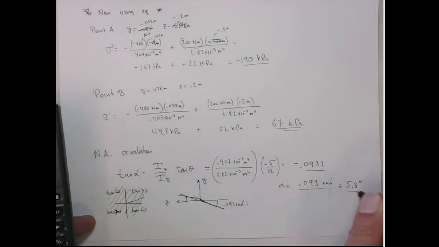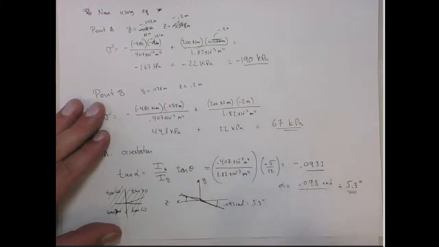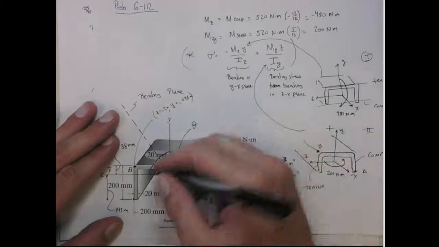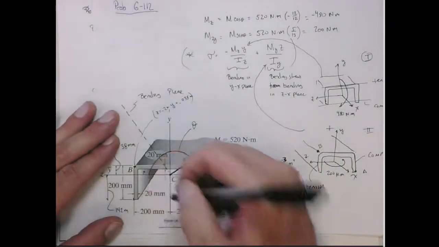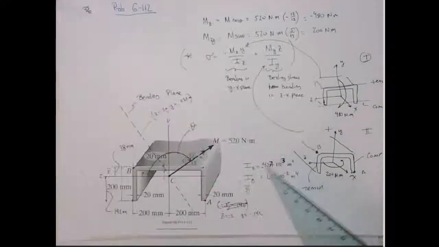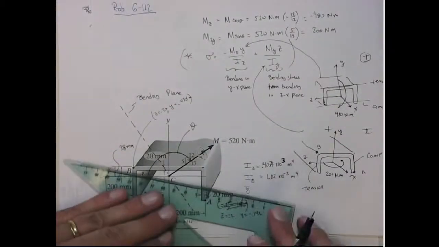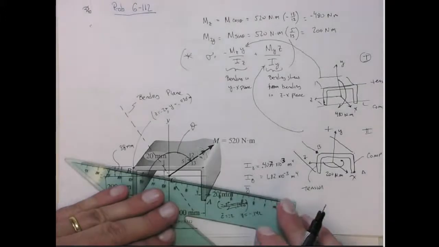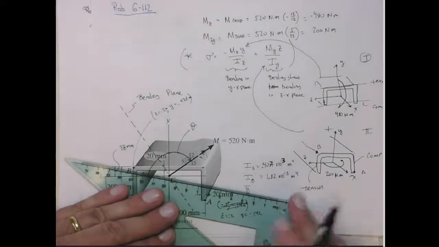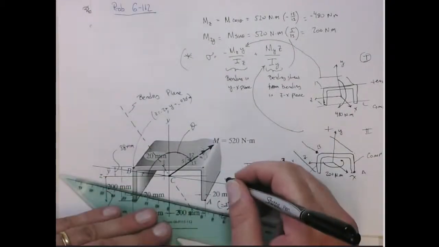Okay? So that's saying that that angle is 5.3 degrees. So if I go back and look at this picture, alpha is actually positive 5 degrees in that sense, okay? So remember, alpha is the angle from the z-axis up to the neutral axis, right? So that's about 5 degrees. So that's the location of the neutral axis.